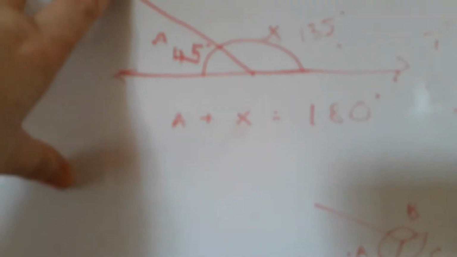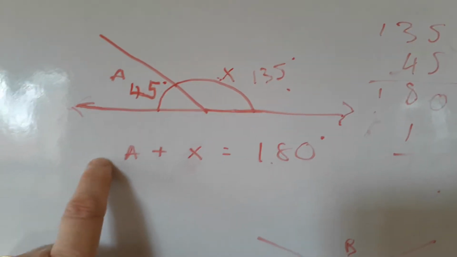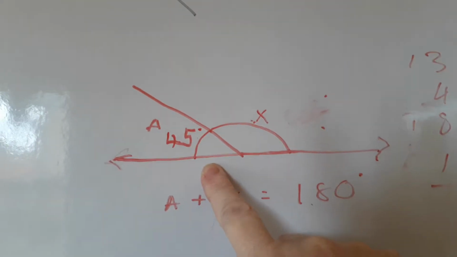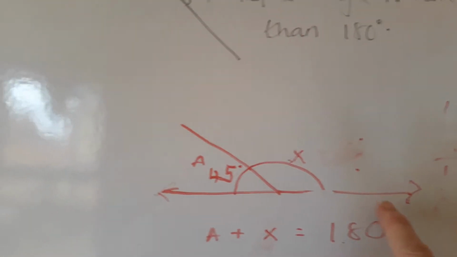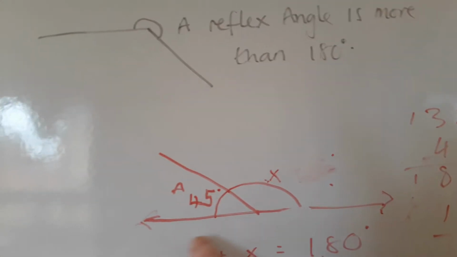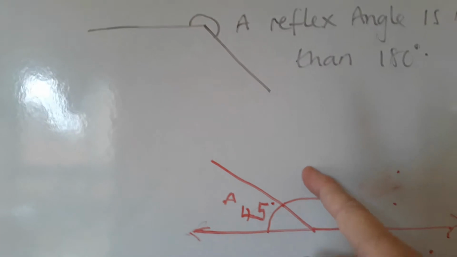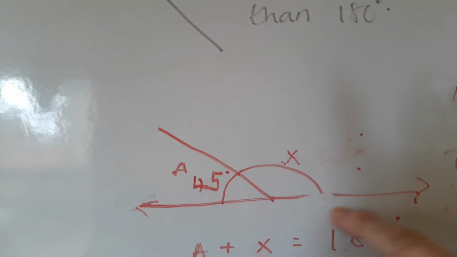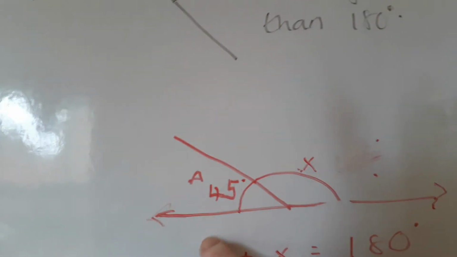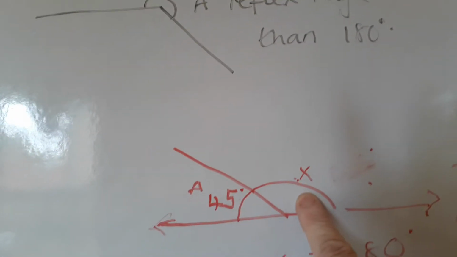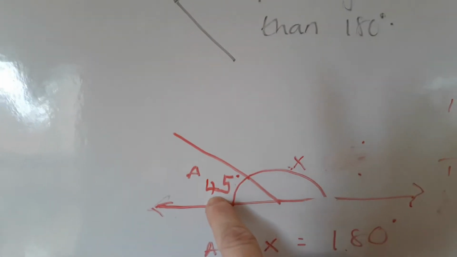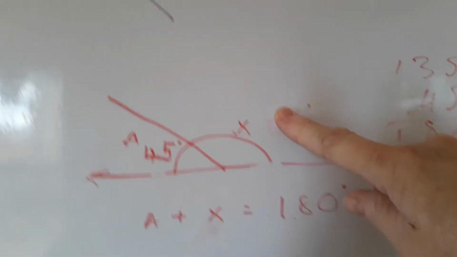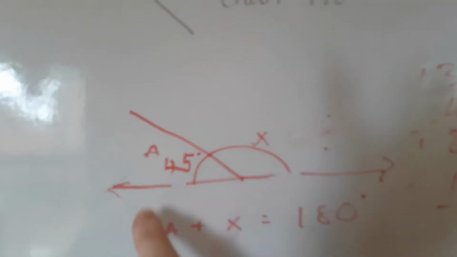If you're trying to work out what an angle is and you're not sure, remember that a straight line is 180 degrees. So if there's a 45 marked, take that 45 from 180 and you get your answer, which is 135. So 135 plus 45 equals 180.